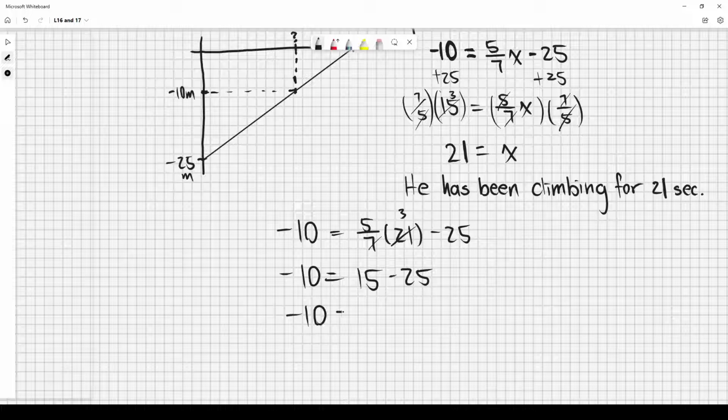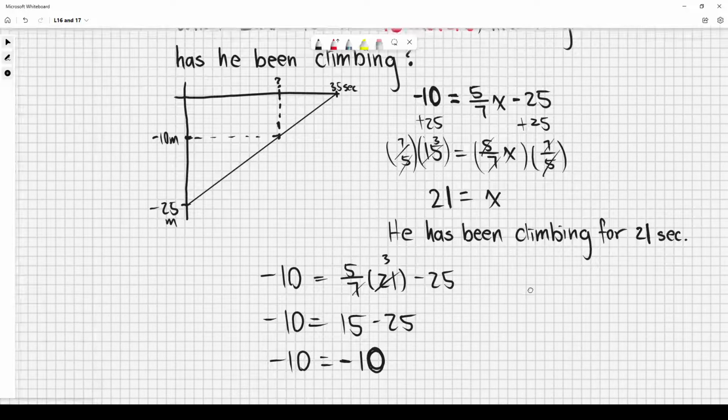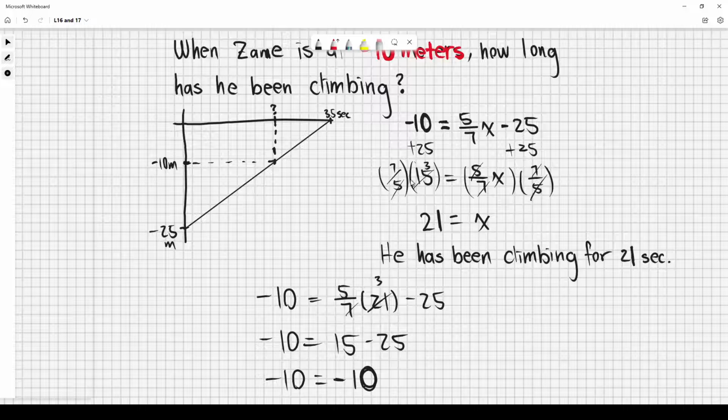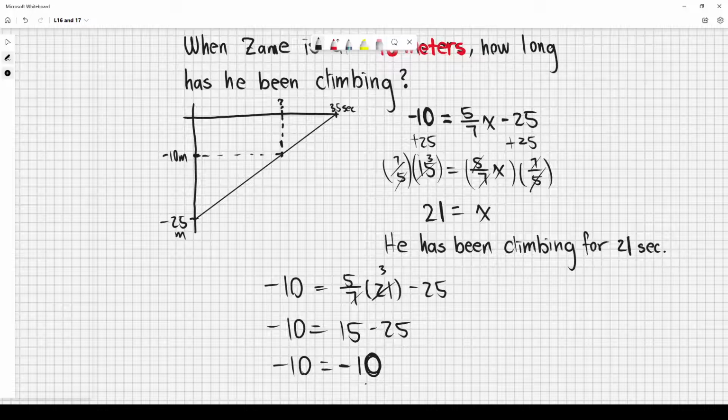And indeed, negative 10 is equal to negative 10. So this is how you can check if your 21 seconds is correct. If it is not correct, then the right side and the left side would not be equal. But since when I plug in 21, both sides are equal, that means 21 is the correct answer. So he has been climbing for 21 seconds. So he climbs for 21 seconds, then he got to negative 10 meters. That is what this equation represents.